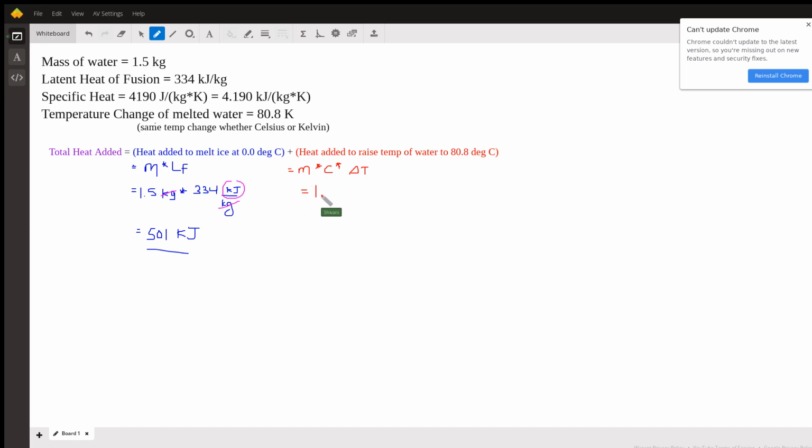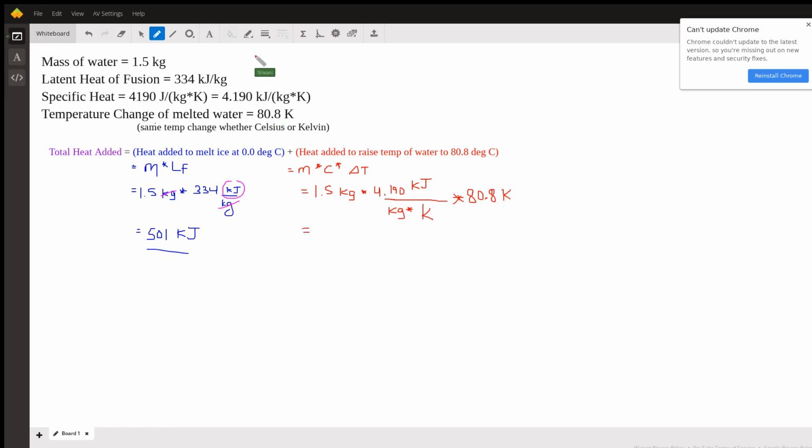So that's going to be 1.5 kilograms times 4.190 kilojoules per kilogram times Kelvin, times 80.8 Kelvin.